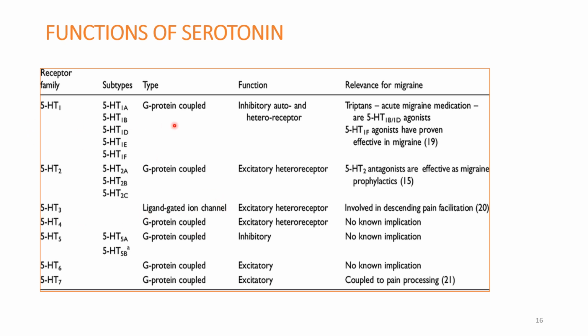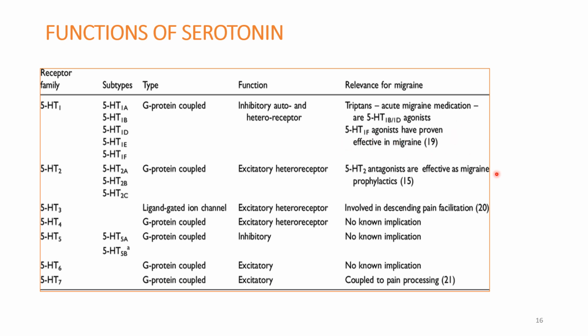So 5-HT1 will function as inhibitory auto and hetero receptors. Its relevance is that they are called triptans. They are used in acute migraine medication. So we are giving 5-HT 1B 1D agonists. They are called triptans, and 1F also.